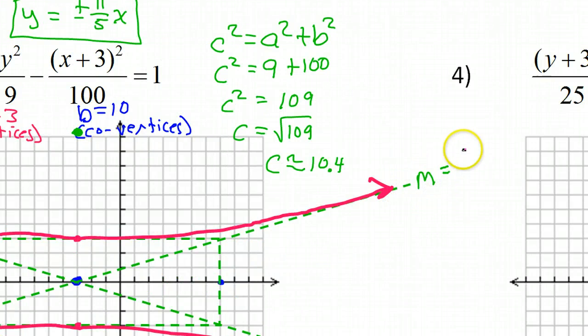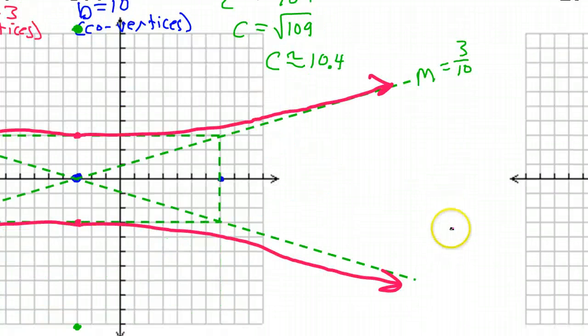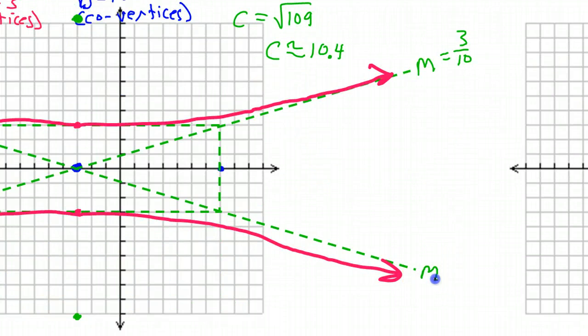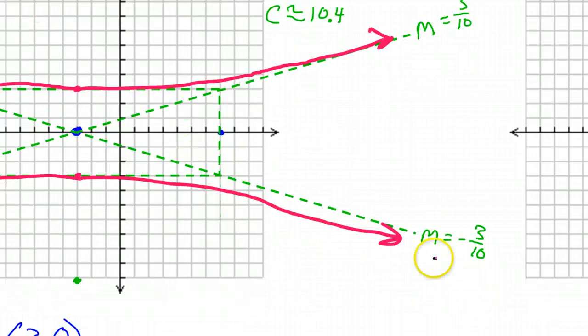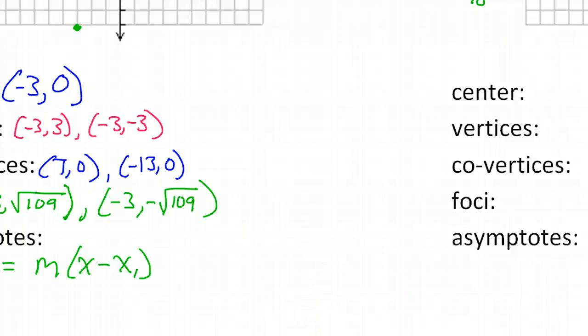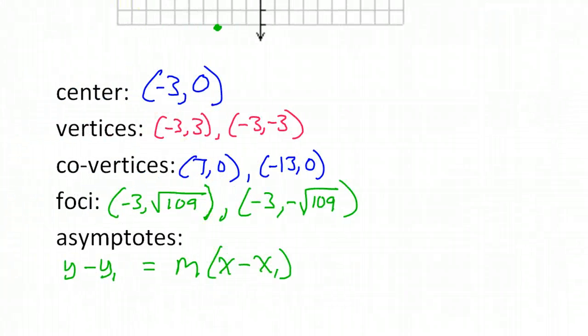Of course, the other one is going to be the same, only negative 3 over 10. So we can do both of these at once by writing for the slope plus or minus 3 over 10.